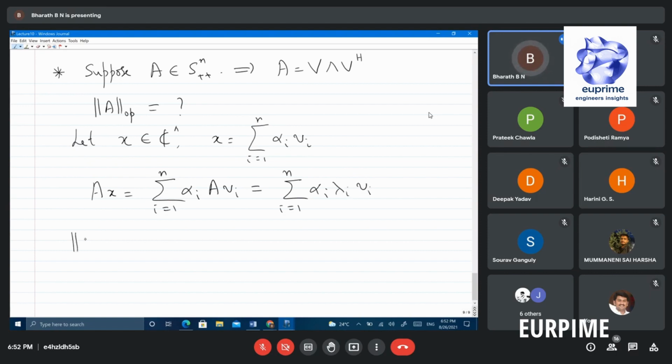So what is the norm of Ax? I get the norm of the sum over i equal to 1 to n. Maybe I'll take the square also, and then we can take the square root later.